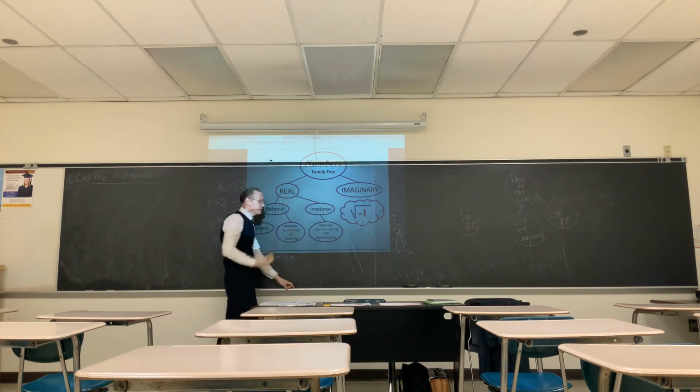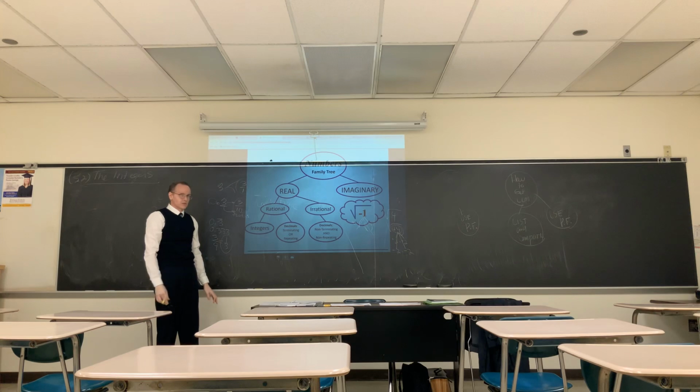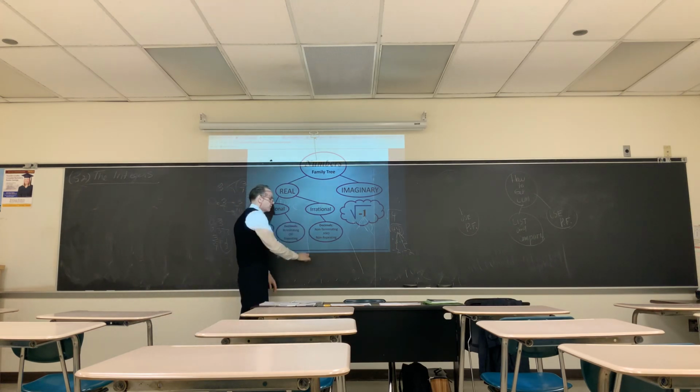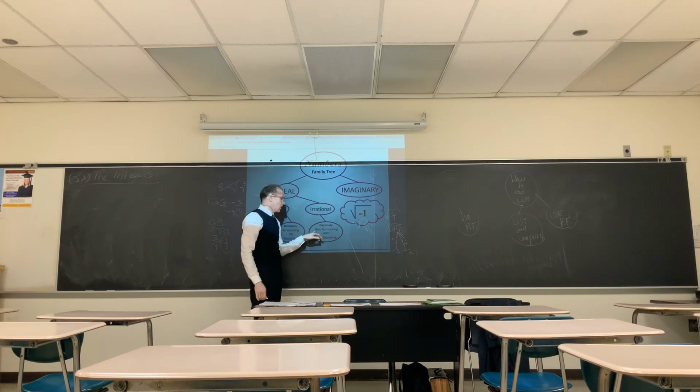Now, if you wanted to get down to the nitty-gritty and describe what's going on, irrational numbers are decimals that are non-terminating, which means they go on to infinity. And they have no perceptible obvious pattern, so we say that they're non-repeating.